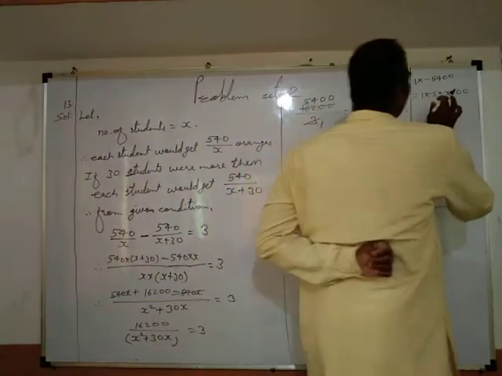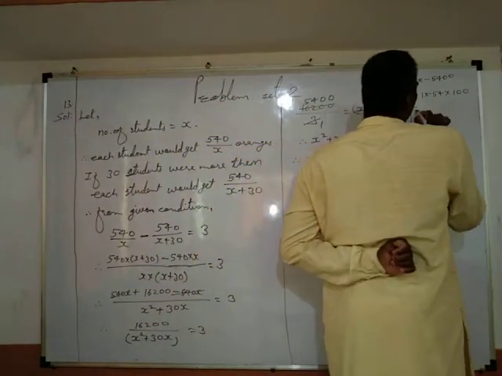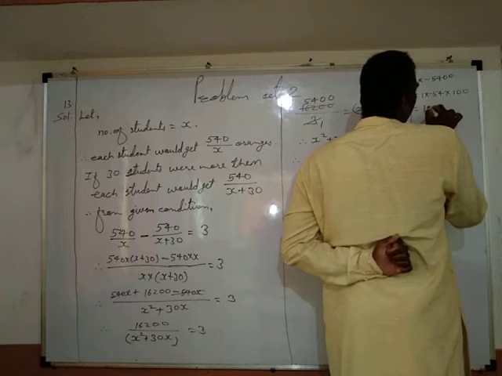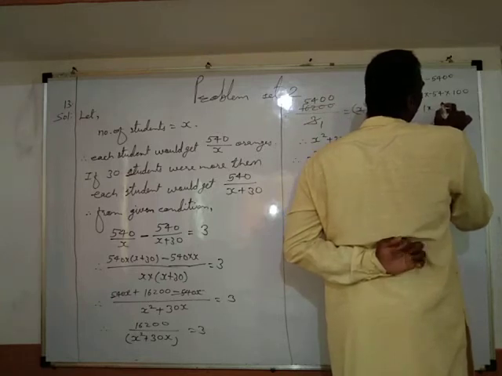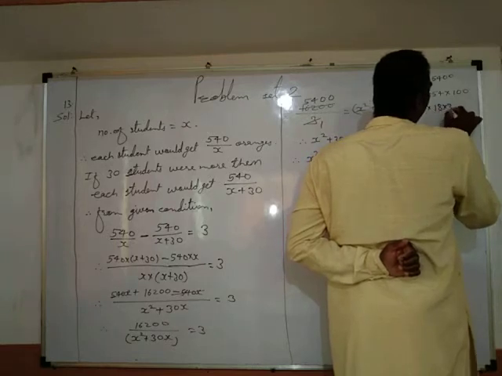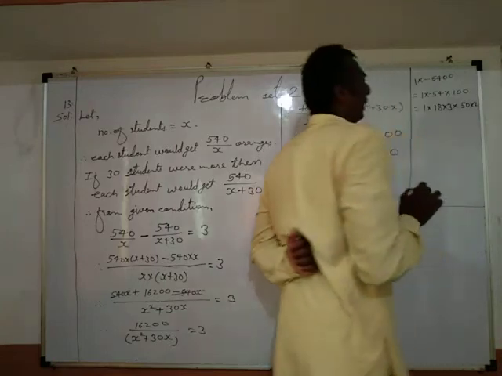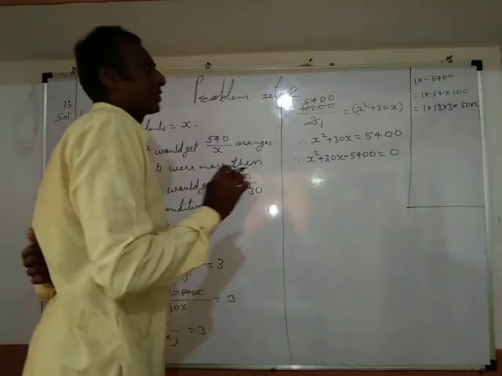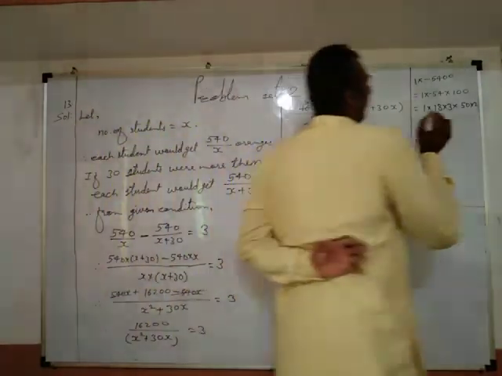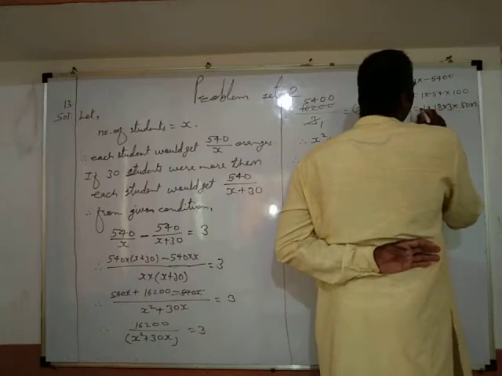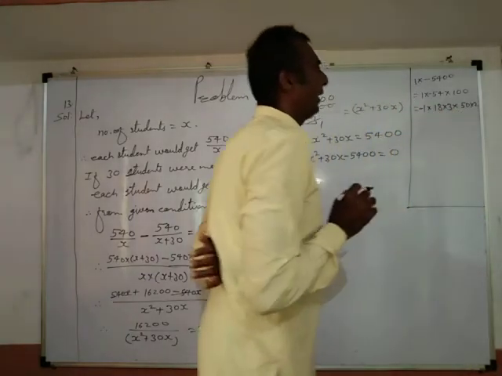Now let's split those 54 again. Yes, 1 into minus 54, 18 into 3, 50 into 2. Now yes, we may give a negative sign to any one of them. Let's keep that one as negative.